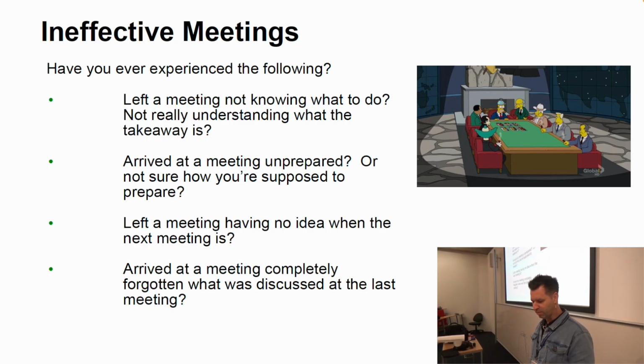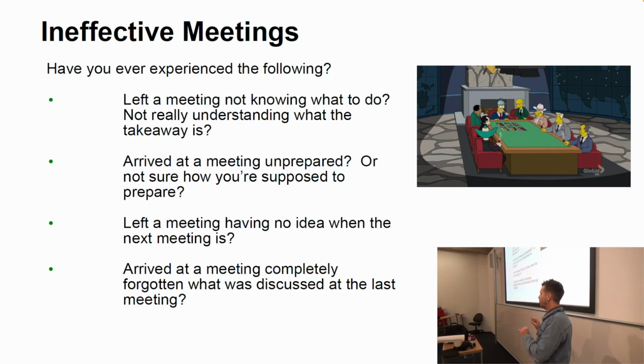So common problems are leaving a meeting not knowing what to do, or not really understanding what the takeaway is, arriving at a meeting unprepared, or not being sure about how you're supposed to prepare, having no idea when the next meeting is. Very, very common, right?